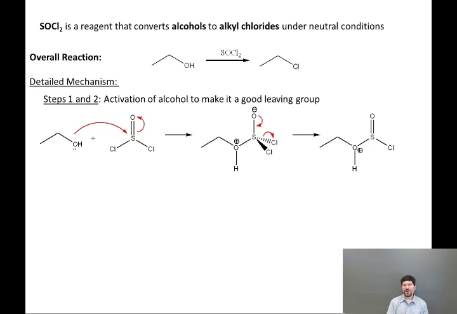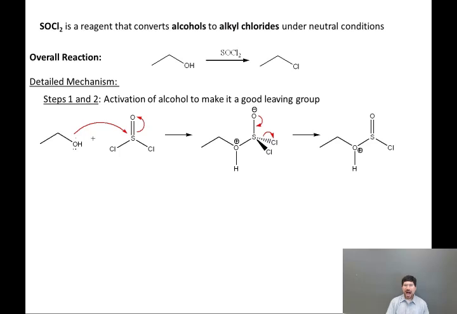However, the sulfur now has the choice, if it's accepting more electrons from the oxygen, are you going to kick out one of the chlorines directly, or are you going to break the sulfur-oxygen pi bond? Because thionyl chloride, if you look at its complete structure, has an SO double bond. Well, if you think back to the early part of the course, you should realize that pi bonds are weaker than sigma bonds.